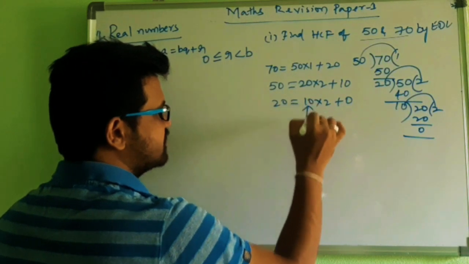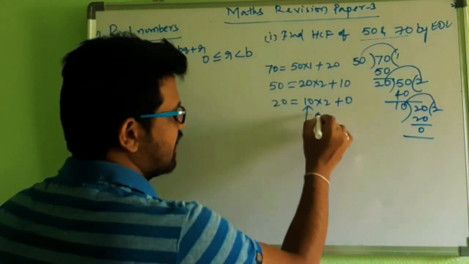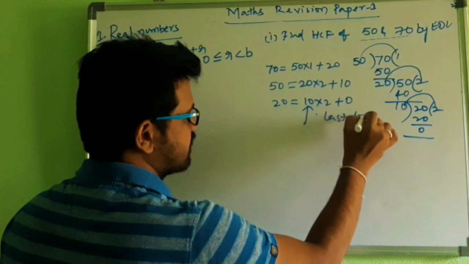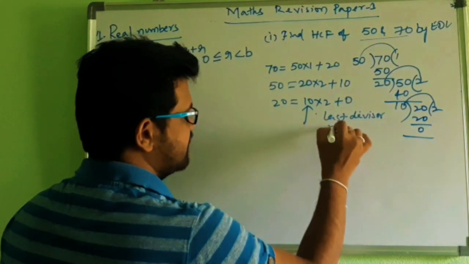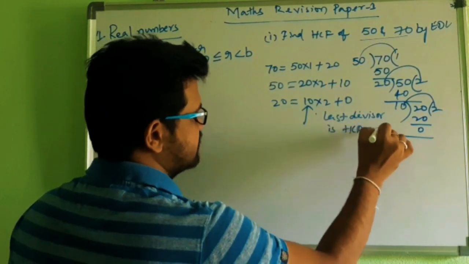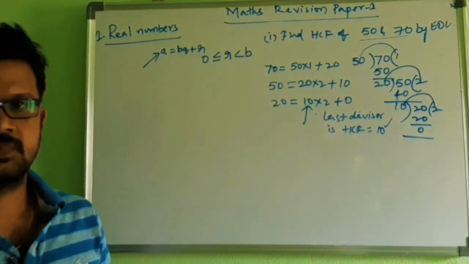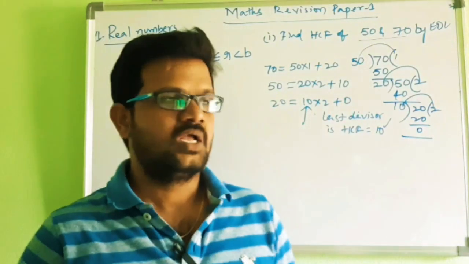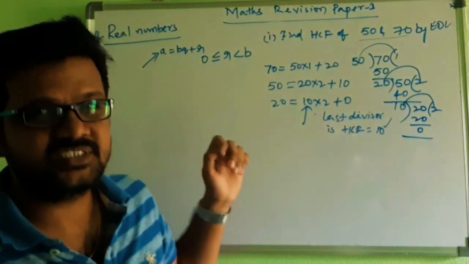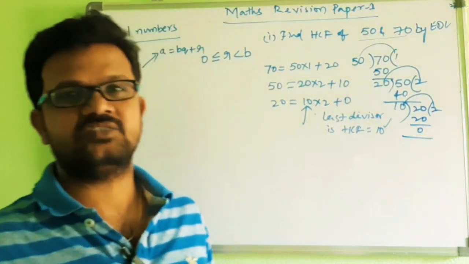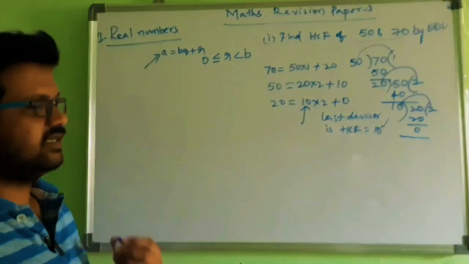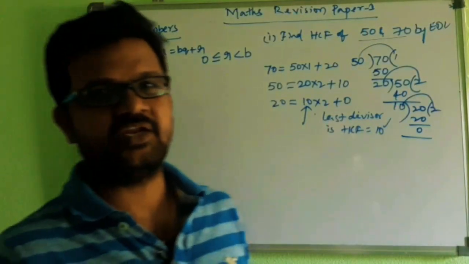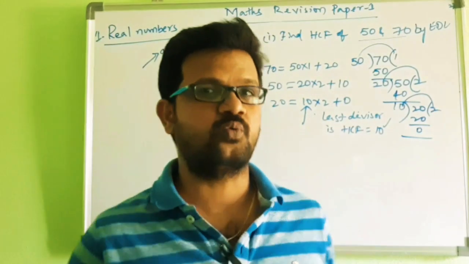So what is the last divisor? That is 10. The last divisor is the HCF, that is equal to 10. Sometimes they ask this for 1 mark and sometimes for 2 marks. They also frame 4 marks questions based on Euclid division lemma.